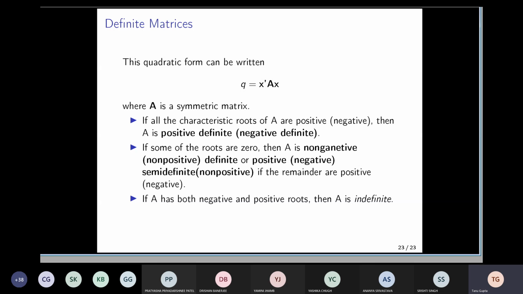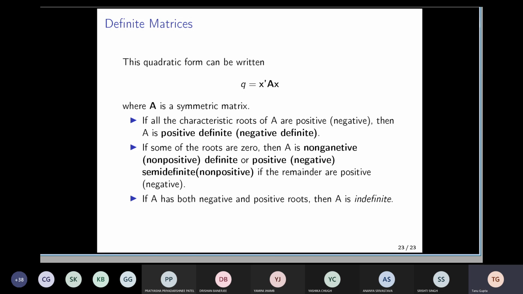And if all the eigenvalues are negative, then we say that the matrix A is a negative definite matrix. Okay? So for example, in the first example, if I correctly remember, it was not a symmetric matrix, I guess. So suppose there is a symmetric matrix and all the eigenvalues are positive, then it is a positive definite matrix. And if all the characteristic roots are negative, then it is a negative definite matrix.